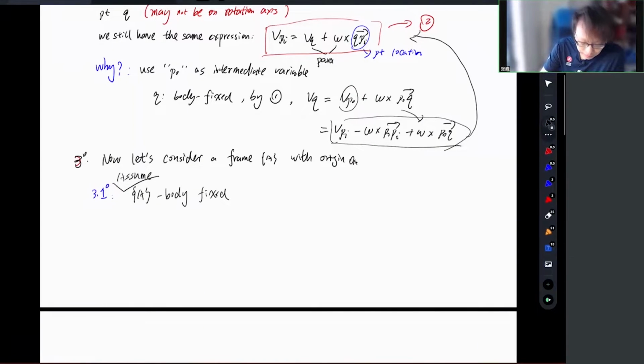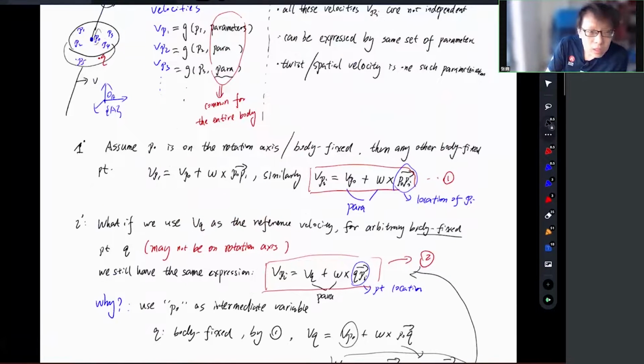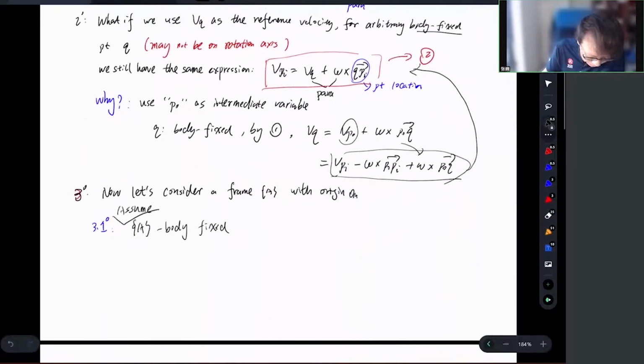What do I mean by that? It means this A frame rotates and moves in the same way as the body. You think about this one as rigidly attached to the body, so it moves exactly the same way as the body. So it's body fixed. That means it moves with the body.